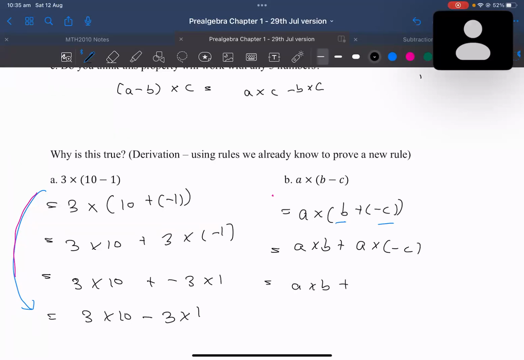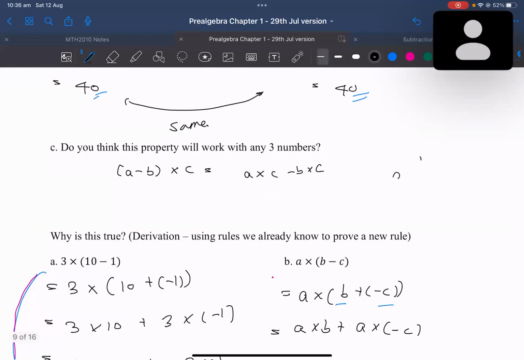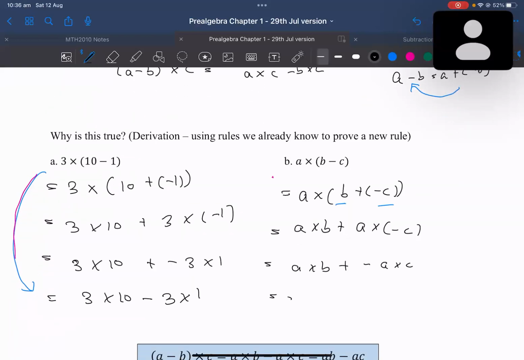A positive times a negative becomes negative, so it's negative A times C. If I'm adding a negative, that becomes, by definition, A minus B is A plus negative B. So adding a negative is the same as subtraction. That means this becomes A times B minus A times C. That's the property we needed to prove, and then we're done.